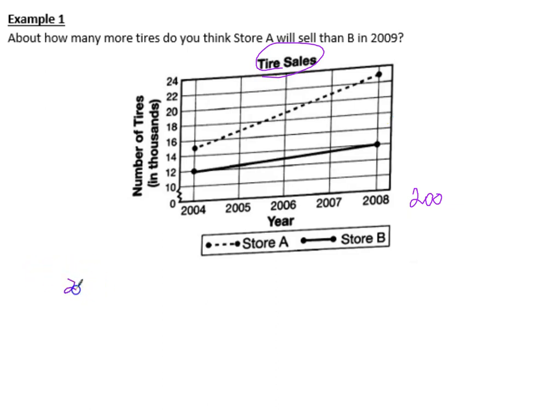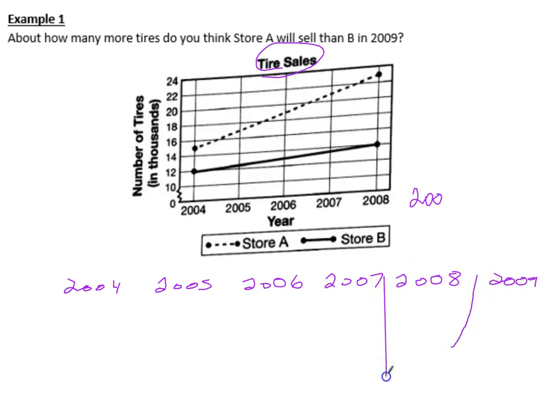So we have the years 2004, 2005, 2006, 2007, 2008, and we want to make a guess at what's going to happen in 2009.